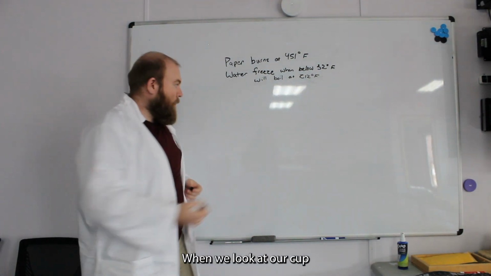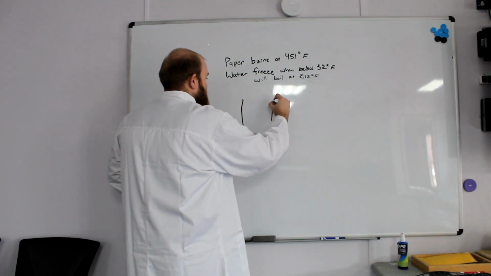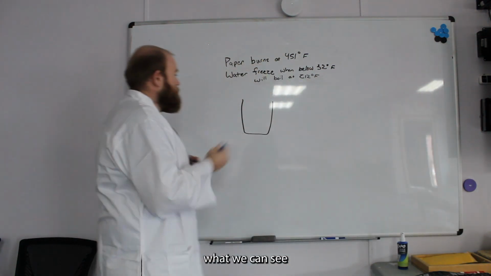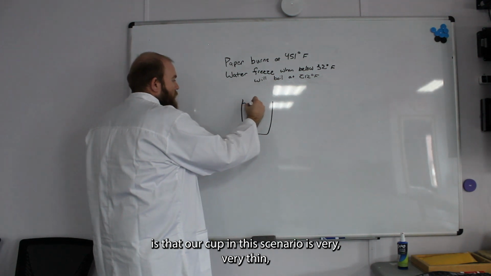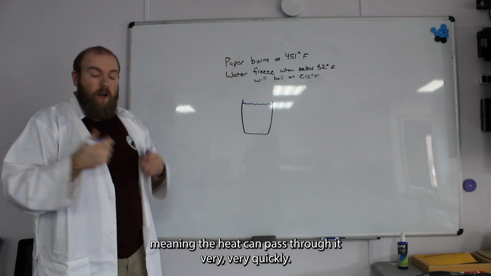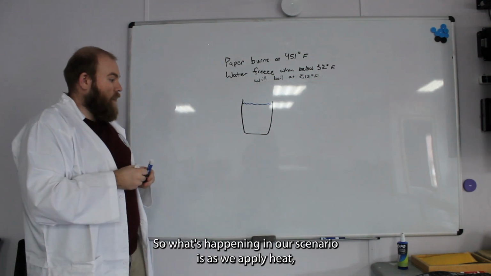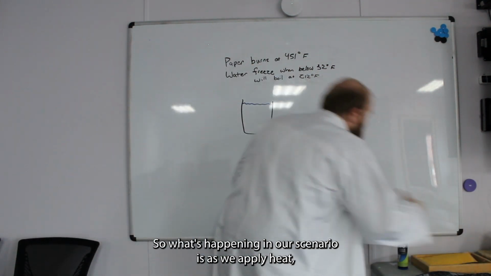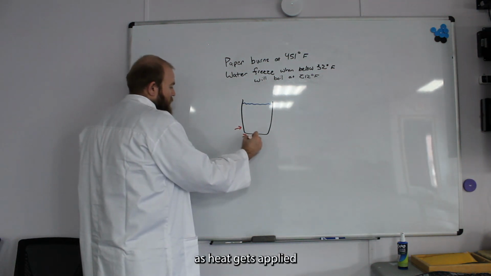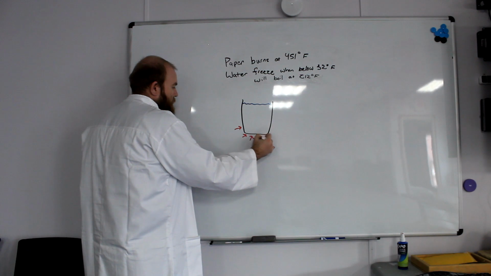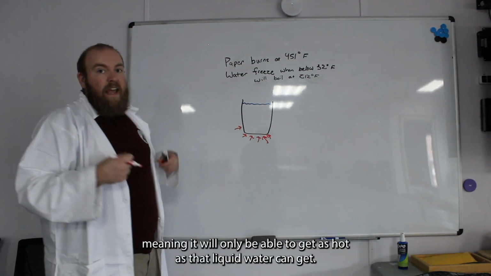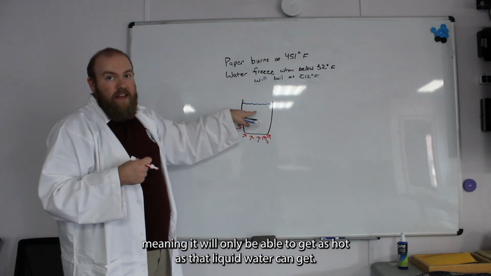When we look at our cup that's full of water, what we can see is that our cup in this scenario is very, very thin, meaning the heat can pass through it very, very quickly. So what's happening in our scenario is as heat gets applied to our cup, it's immediately being transferred to the water, meaning it will only be able to get as hot as that liquid water can get.